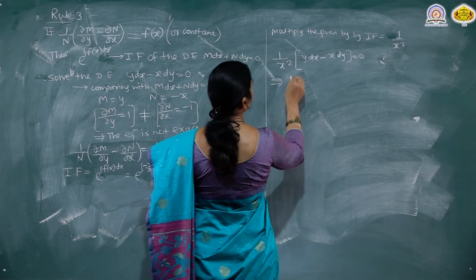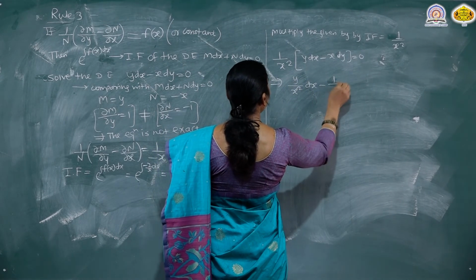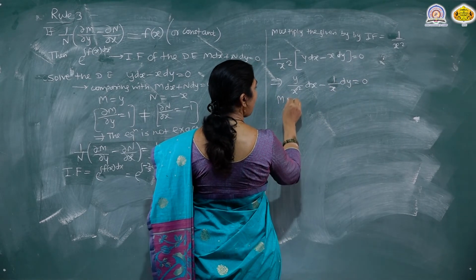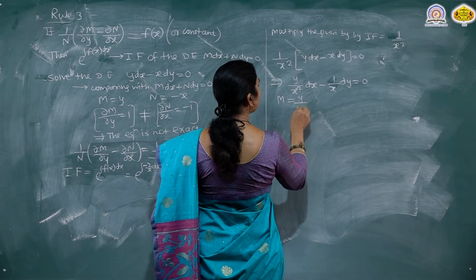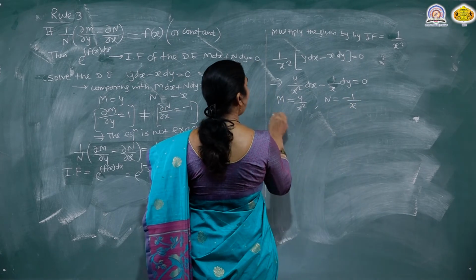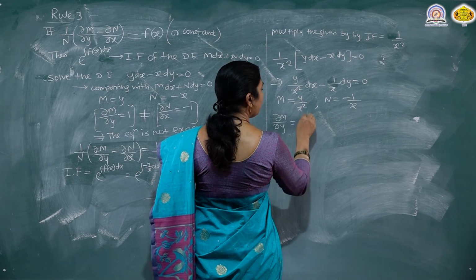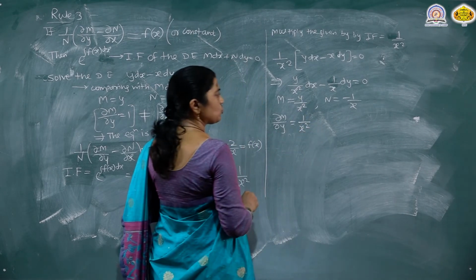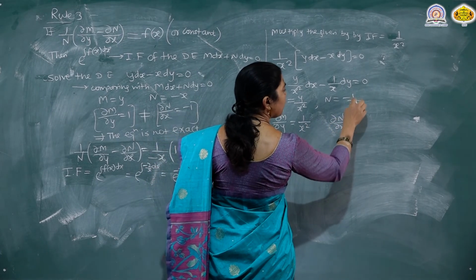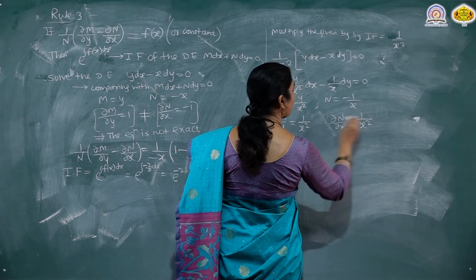Simplifying, we get y upon x square dx minus 1 upon x dy equal to 0. Comparing with M dx plus N dy, M becomes y upon x square and N becomes minus 1 upon x. So ∂M/∂y, differentiating with respect to y treating x constant, is 1 upon x square, and ∂N/∂x, the derivative of minus 1 upon x, is plus 1 upon x square.